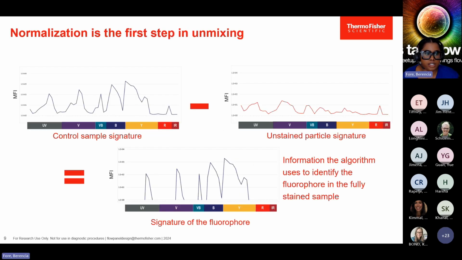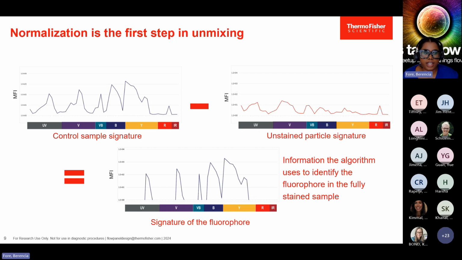Normalization involves taking that unstained particle signature and subtracting it from the control that you're using. And this in turn will give you the signature of the fluorophore. This is the information the algorithm is using to identify the fluorophore in the fully stained sample.